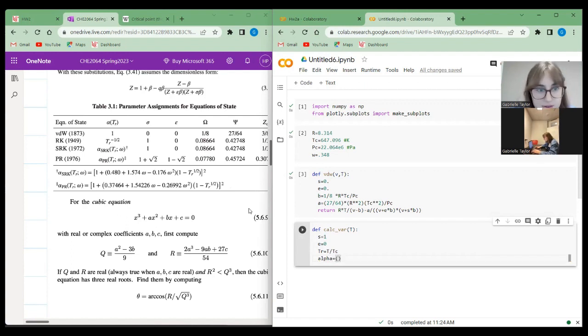Okay, so after we have that, now let's calculate our alpha. 1 plus, okay, so that's squared, and then we want to multiply this by 1 minus reduced temperature, and we want to do that to the 0.5, and then all of this should be squared.